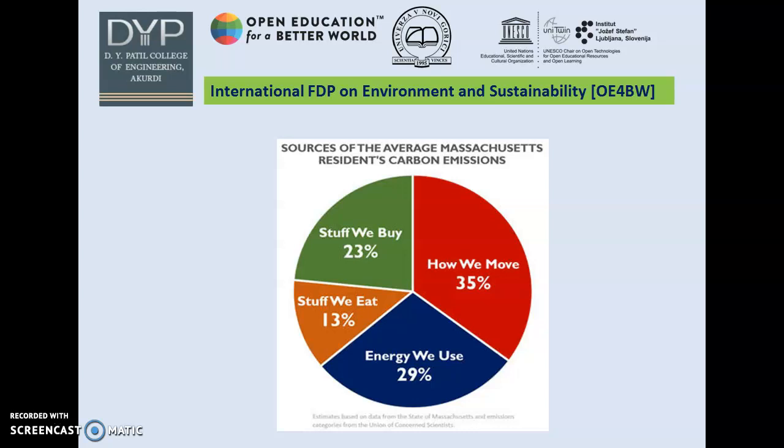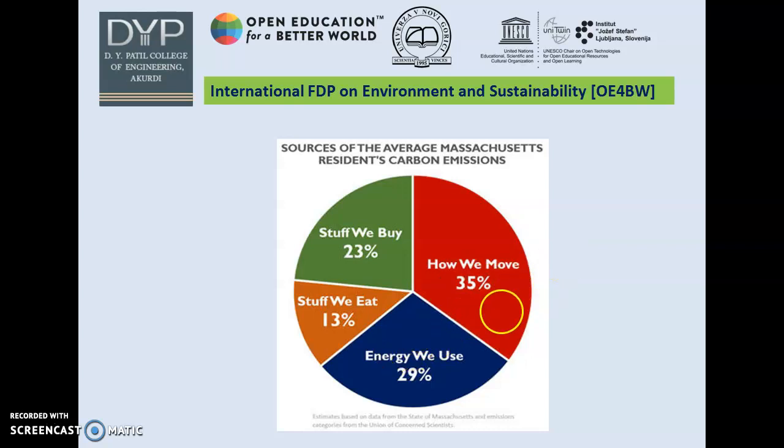How we move: whether we move by roadways, railways, waterways or airways. For example, roadways: a family consisting of 4 to 5 persons where every person has an individual vehicle, so 5 vehicles will emit more carbon dioxide, while a family of 5 persons traveling in a single vehicle will reduce the consumption. Like this, how we move accounts for 35%, whether together or individually using vehicles.